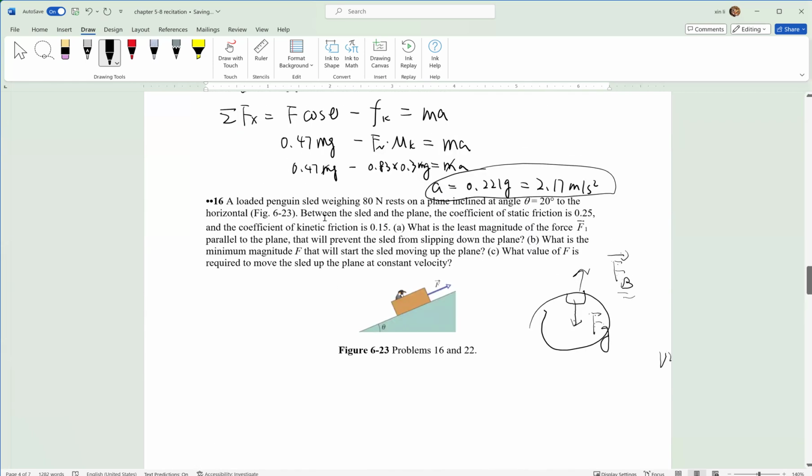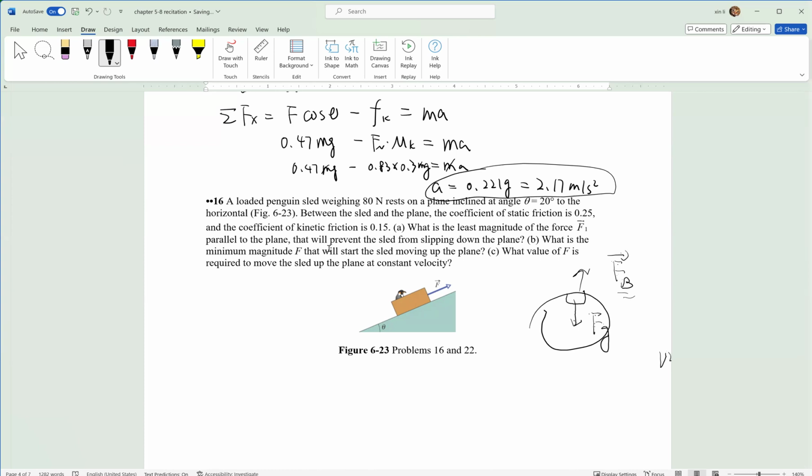Problem 16: a loaded penguin sled weighing 80 Newton rests on an incline at an angle of 20 degrees to the horizontal. Between the sled and the plane, the coefficient of static friction is 0.25 and the coefficient of kinetic friction is 0.15. A: what is the least magnitude of F parallel to the plane that prevents the sled from slipping down the plane?